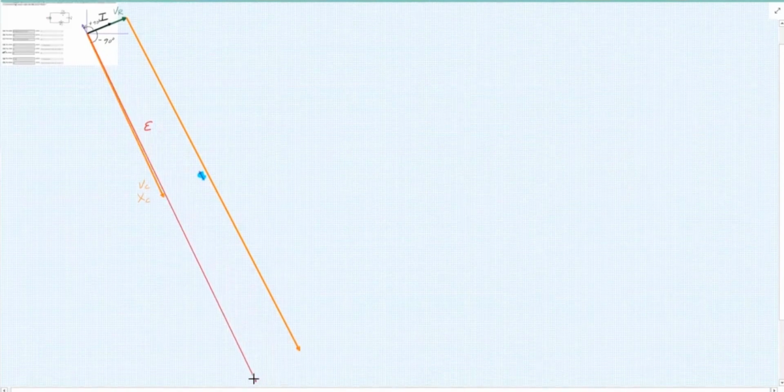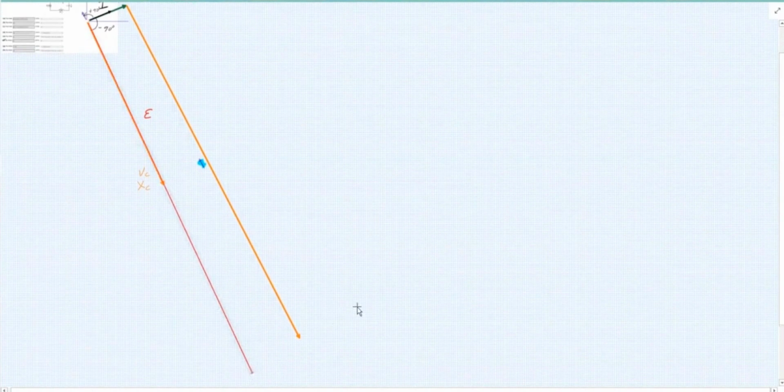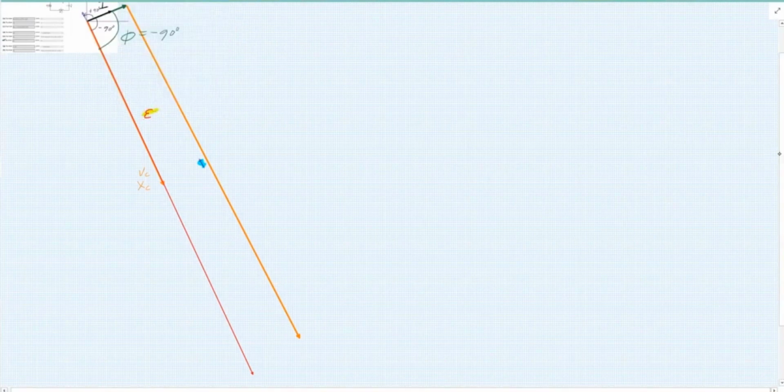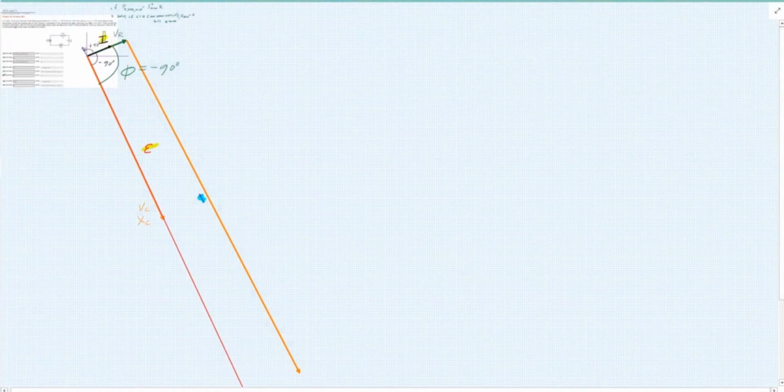It would follow it off to infinity, and I would start to approach this value right here. So what is this phase angle right here? Is phi equals negative 90 degrees, because phi is the angle formed by this vector here and the current vector here. And as that orange vector goes off to infinity, it starts to approach negative 90 degrees. All right, so is that?